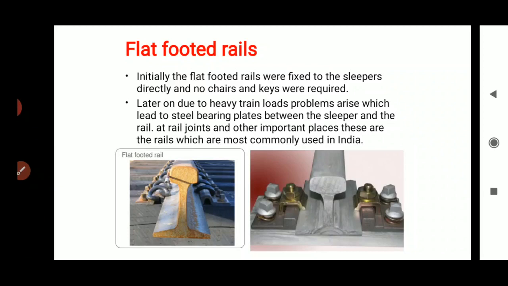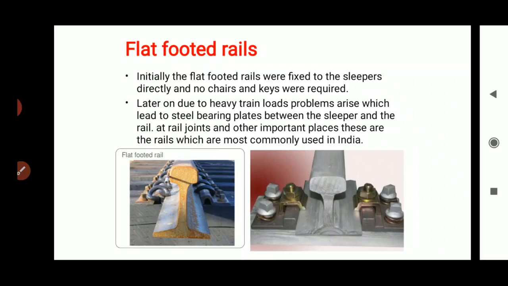So to overcome that, steel bearing plates were introduced between the sleeper and the rail at rail joints and other important places.